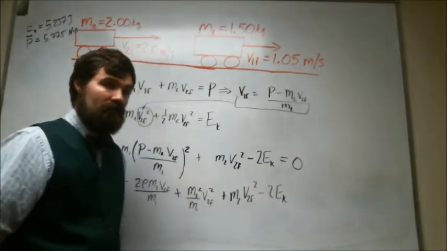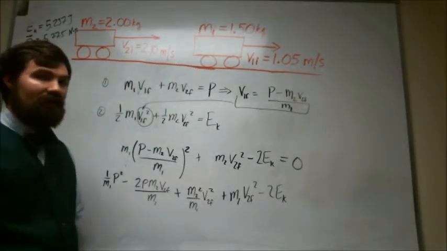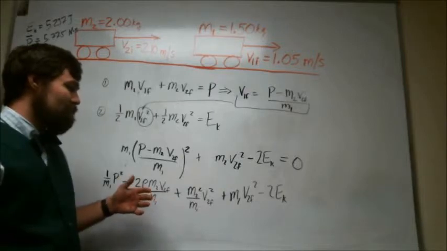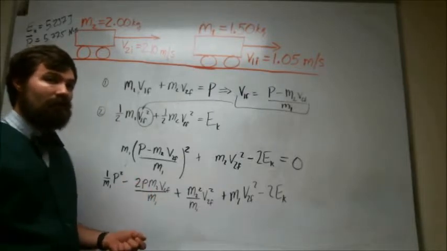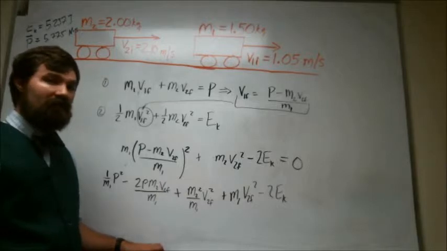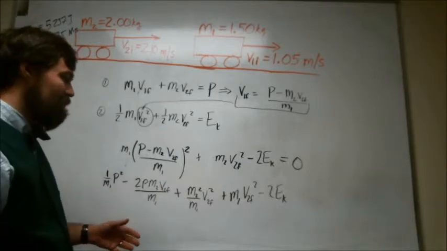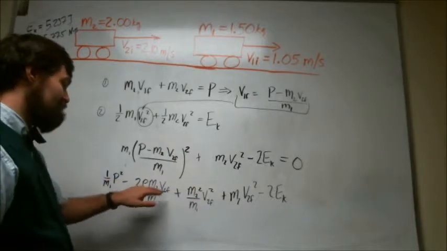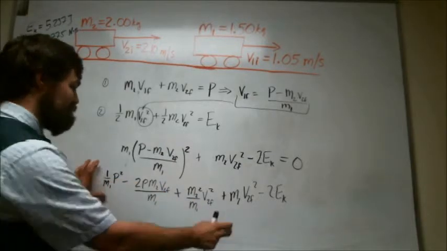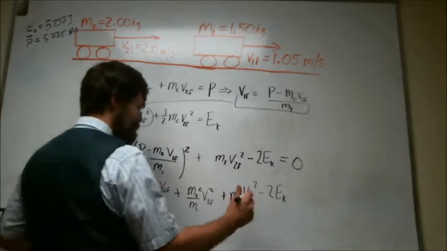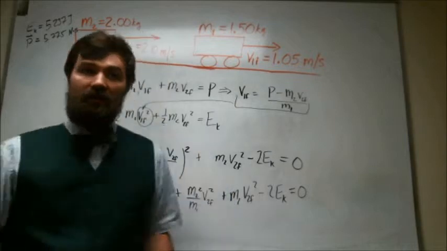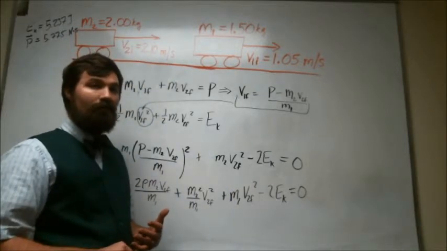So it's a little bit of a mess at this point, and the thing to do from here is to consolidate like terms. I basically want to end up having stuff times V2F squared plus stuff times V2F plus stuff that's not multiplied by V2F. Of course, this is all equal to 0. And so it ends up looking like a quadratic formula.